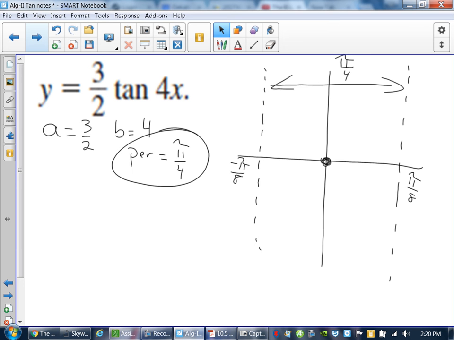Okay? Your breakpoints then occur at the halfway point between 0 and pi over 8. What's half of pi over 8? Very good.